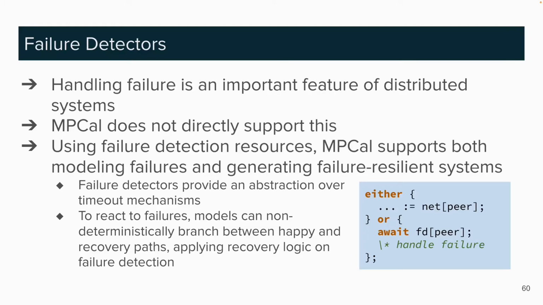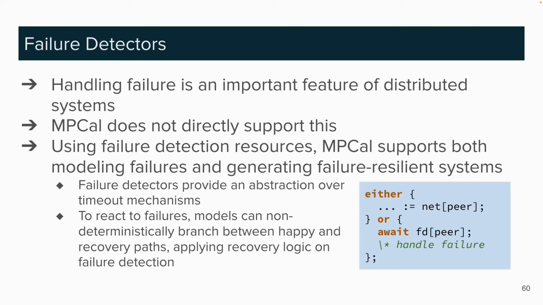The other thing that is important to know as a workhorse resource type is failure detectors. MPCal doesn't really have an official model of failure. It doesn't have a fail or otherwise kind of instruction. Neither does PlusCal nor TLA+, it wouldn't really make sense to have something like that.